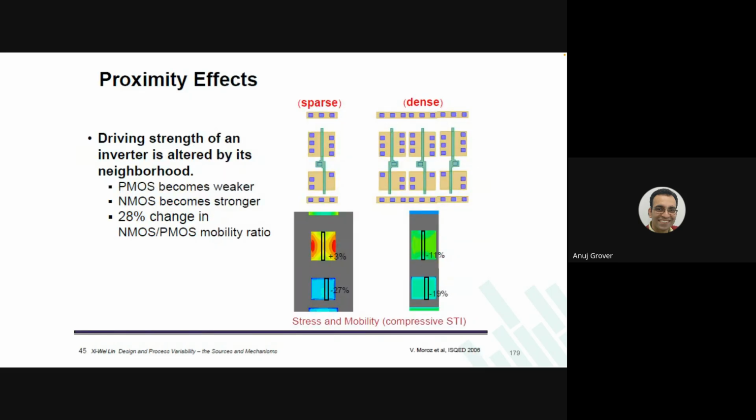Okay. Then we also had proximity effects. Edge bias.